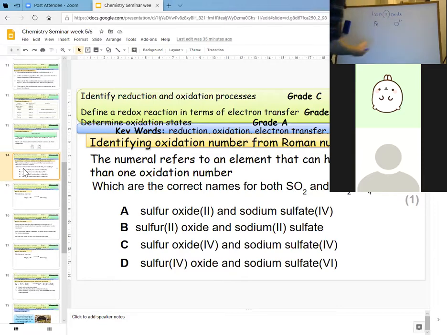It's always 2 minus. So we know that from this Roman numeral, it's going to be 2 plus. It's donated 2 electrons to oxygen. Oxygen says, yeah, sweet, thanks, mate. Thanks for the electrons.